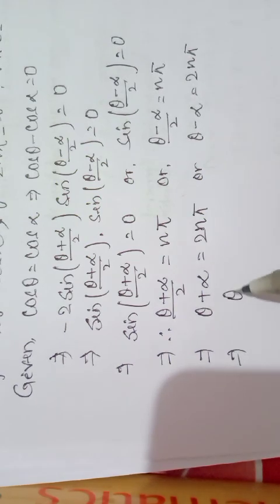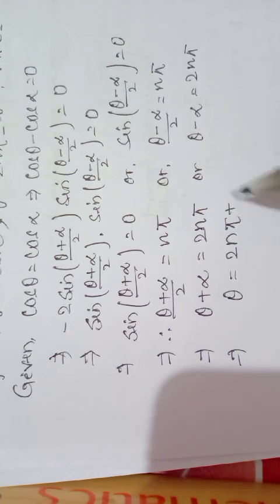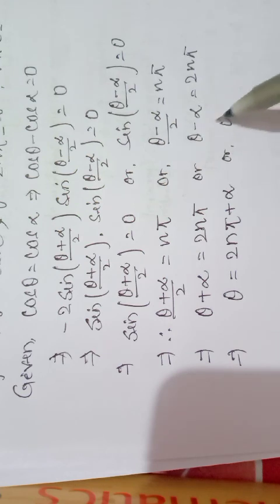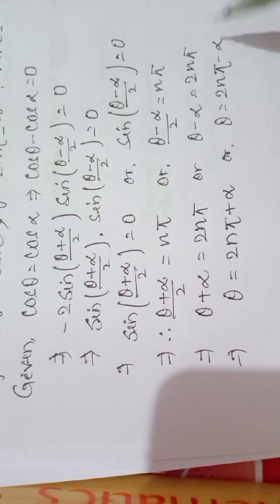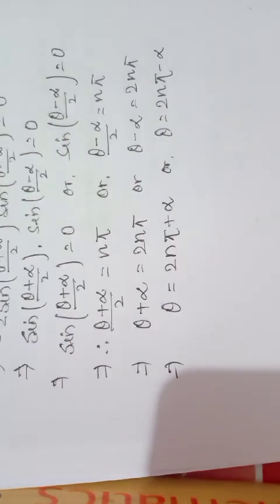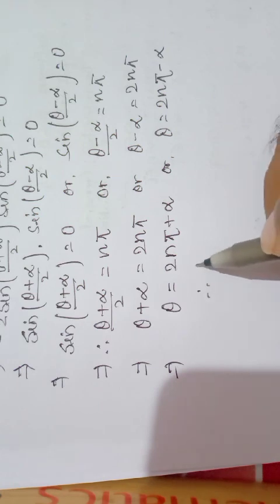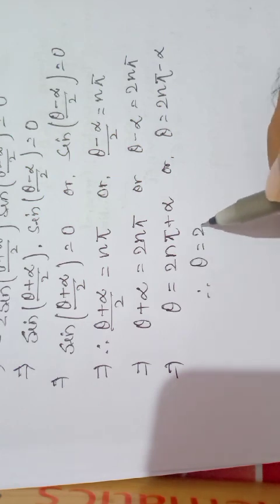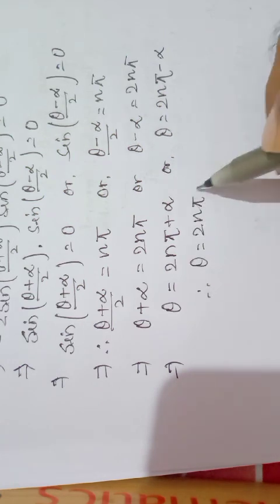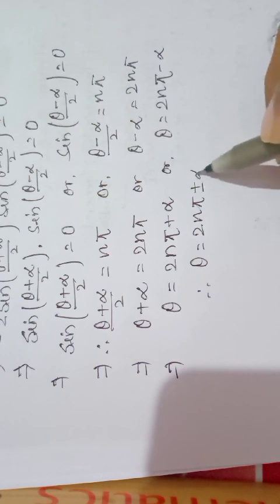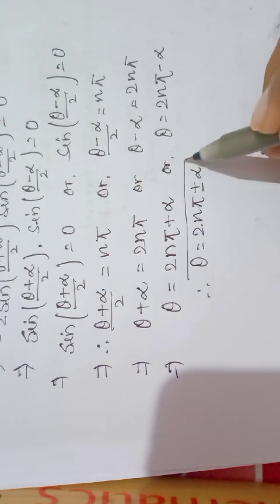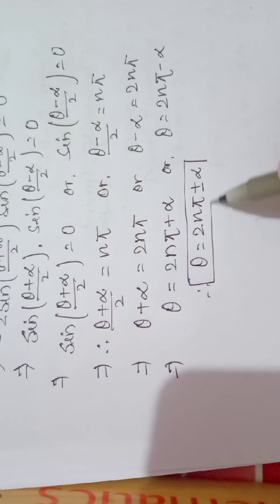Therefore from the first one theta is equal to 2n pi minus alpha, or from the second one theta is equal to 2n pi plus alpha. So students, combining both results, we see that theta is equal to 2n pi plus minus alpha.